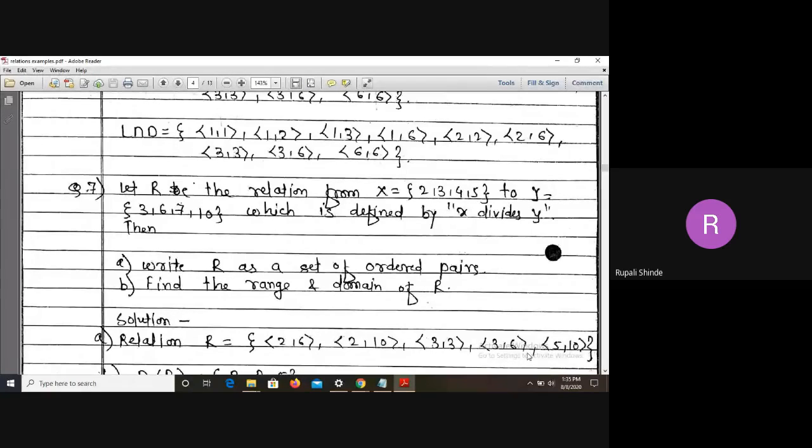Now here we have to find the range and domain of relation R. So what is the range for this relation R? 6 comma 10 comma 3. 6 comma 10 comma 3, correct. And domain: 2 comma 3 comma 5.